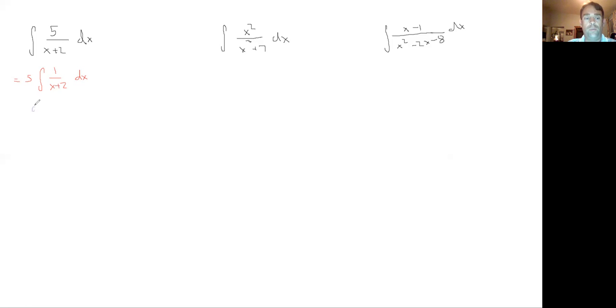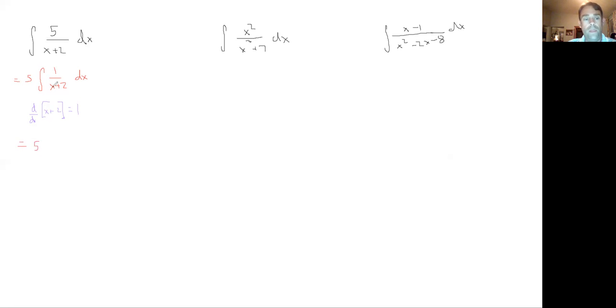And again, you don't have to write this part, but just remember, you're taking your denominator here, and you're asking yourself, what is that in the numerator? In this case, it is. If the derivative or a form of the derivative is in the numerator for the denominator, then this makes it a natural log.